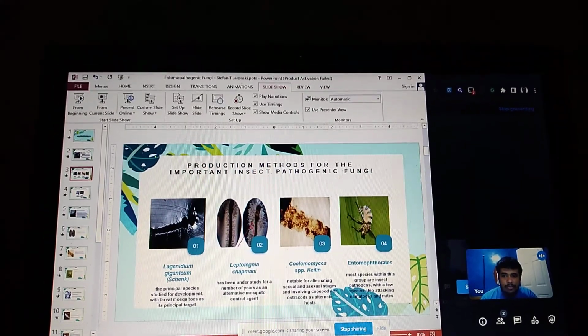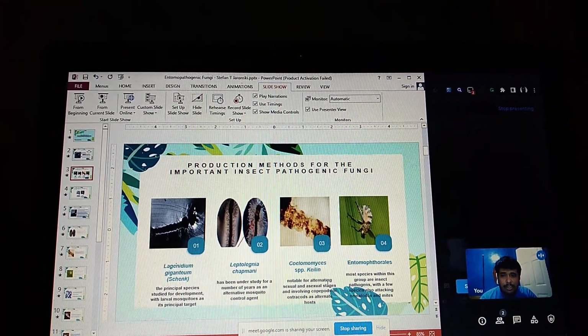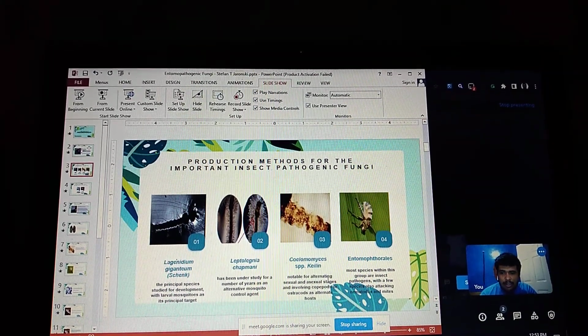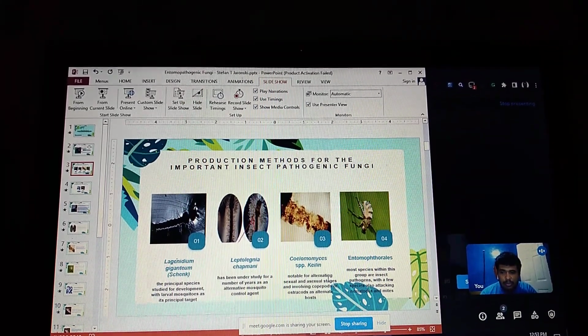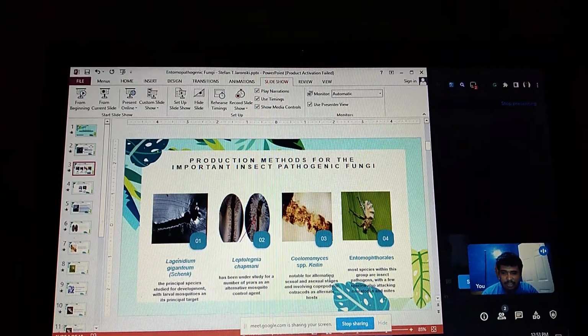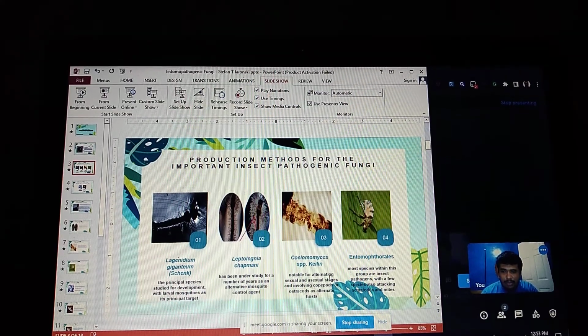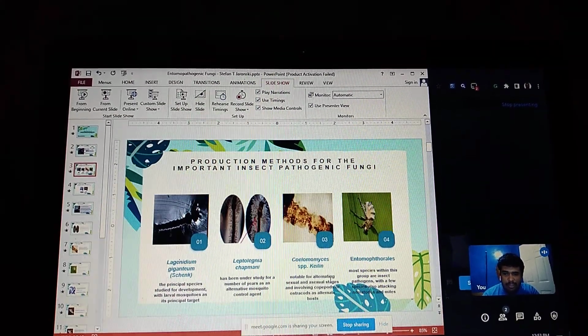Production methods for important insect pathogenic fungi. Lagenidium giganteum, the principal species studied for development with larval mosquito as its principal target.